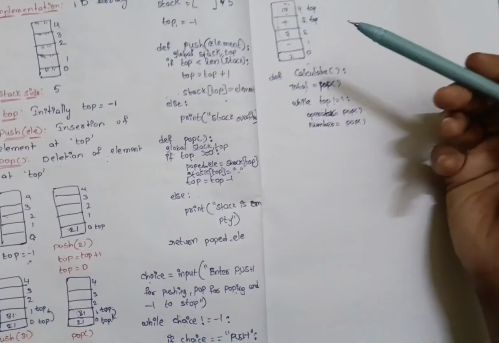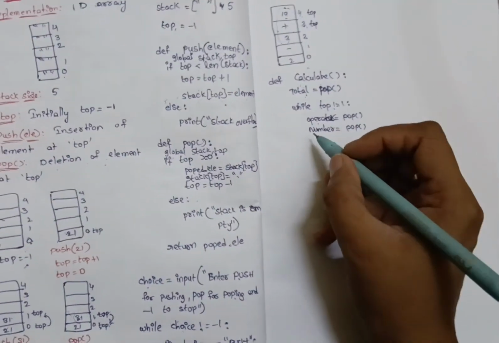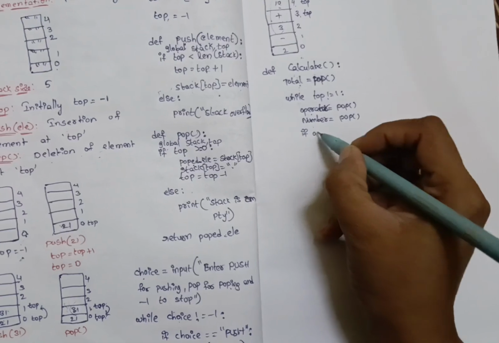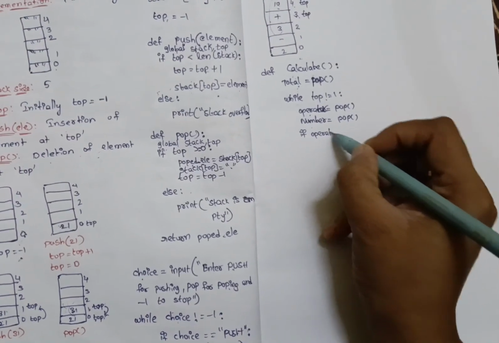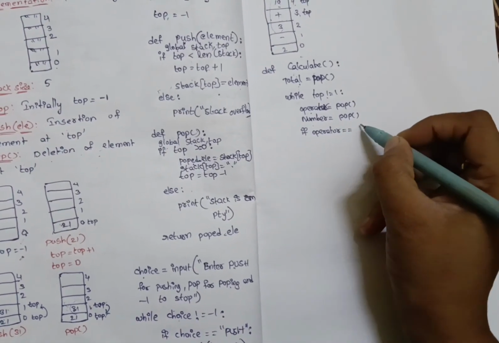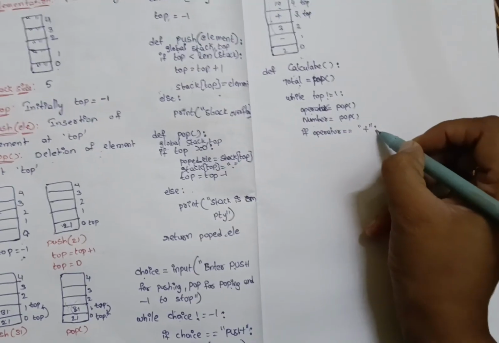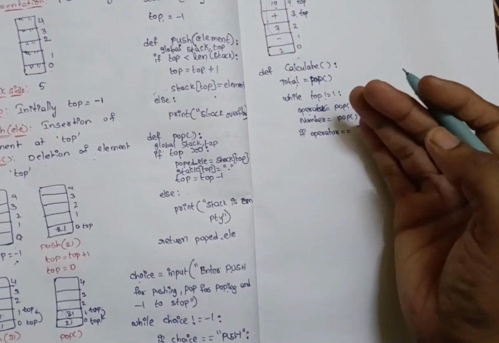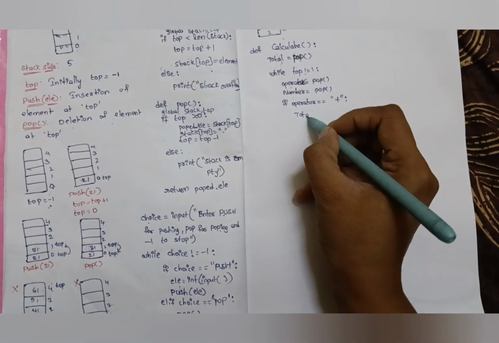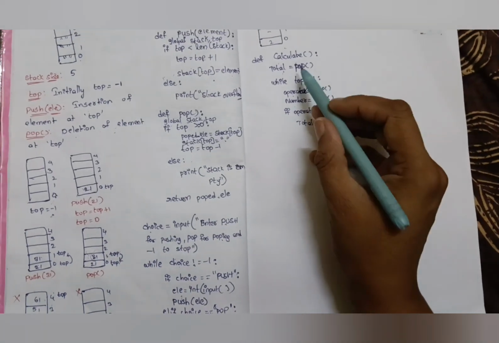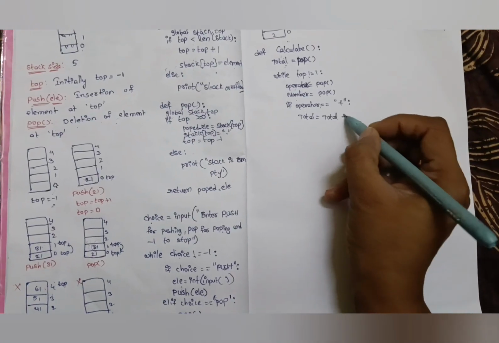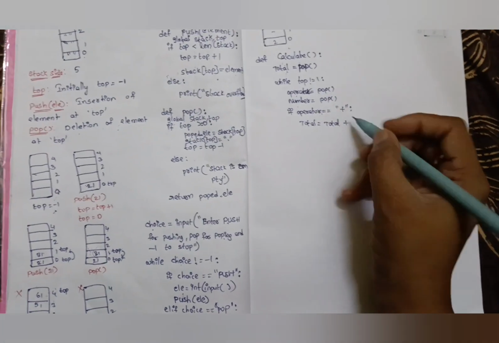Then can you perform the operation with them? Yes, we can, but first we have to check: if operator is equal to plus, then we have to perform the plus operation. Then total is equal to the already present total plus the number we got.